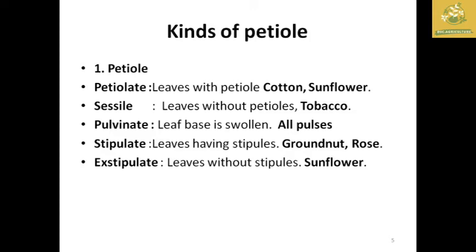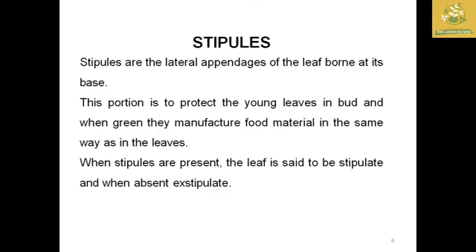Pulvinate is where the leaf base is swollen, a type of petiole found in all types of pulses. The petiole which has stipules is known as stipulate, for example groundnut as well as rose. Exstipulate is where the leaves are without stipules, so stipules are absent in the presence of petiole, for example sunflower. So these are the kinds of petiole.